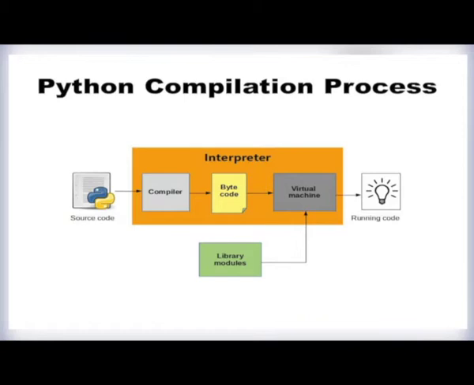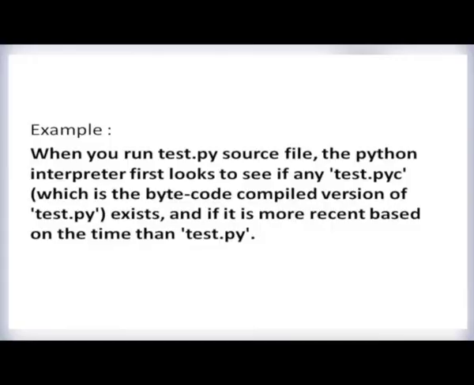Students, till now we discussed the Python compilation process. Let us see the interpretation process of Python in detail. Python compiles the source files, that is .py files, and saves them as .pyc files, so it can reference them in subsequent invocations.